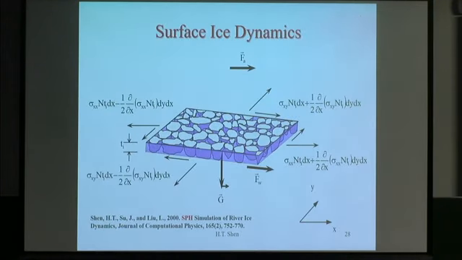Okay. So, surface ice dynamics is really no different whether you are in a lake, sea, ocean, or river. The difference is in rivers, we have a much smaller time scale and spatial scale, and we have boundary effects. And at the time when we started working on this, I was looking for a good or suitable method to do the ice dynamics.